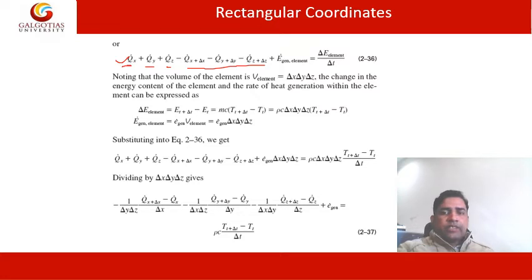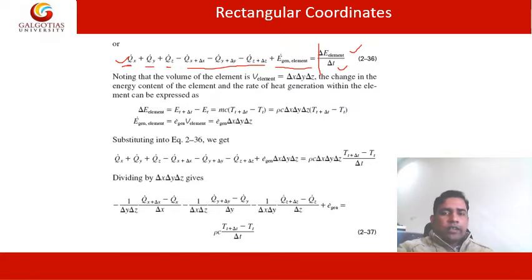And this E element represents the heat generated within this element, that is equal to delta E of the element divided by the time, the change in the energy content of the element divided by the time. Okay, because we are considering rates only, that is why the change in the energy content of the element will also be represented in terms of rate.